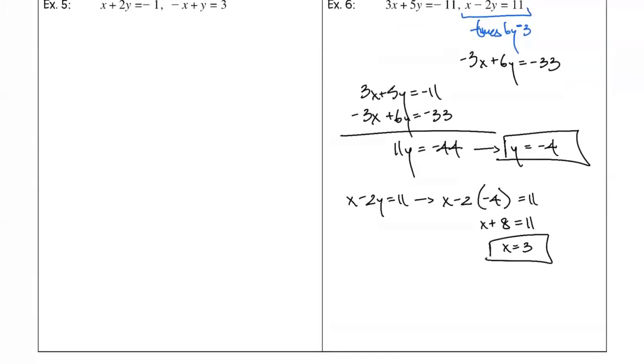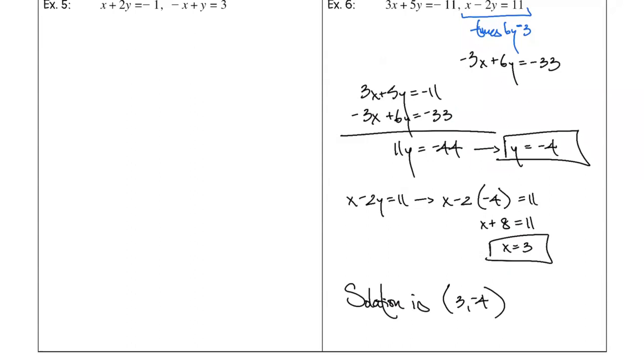Now, all of this to say that our solution is what? What is our solution here? 3 comma -4. Parentheses, absolutely. How come you didn't say -4 comma 3?